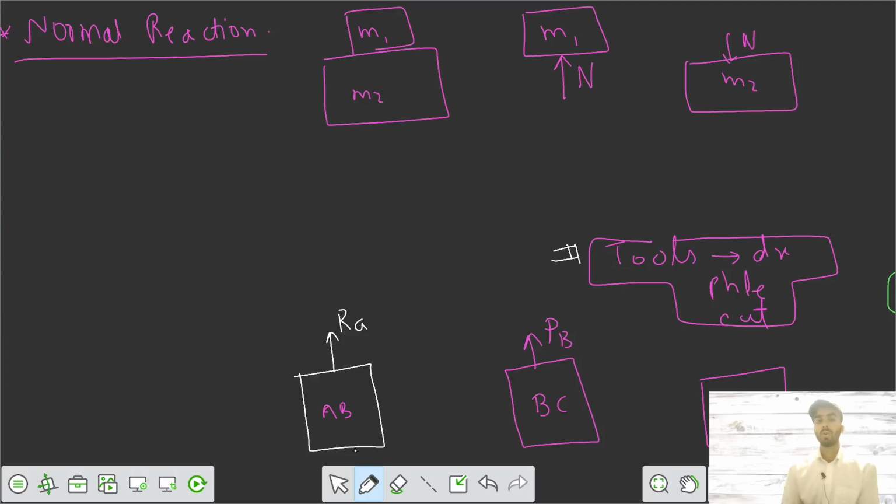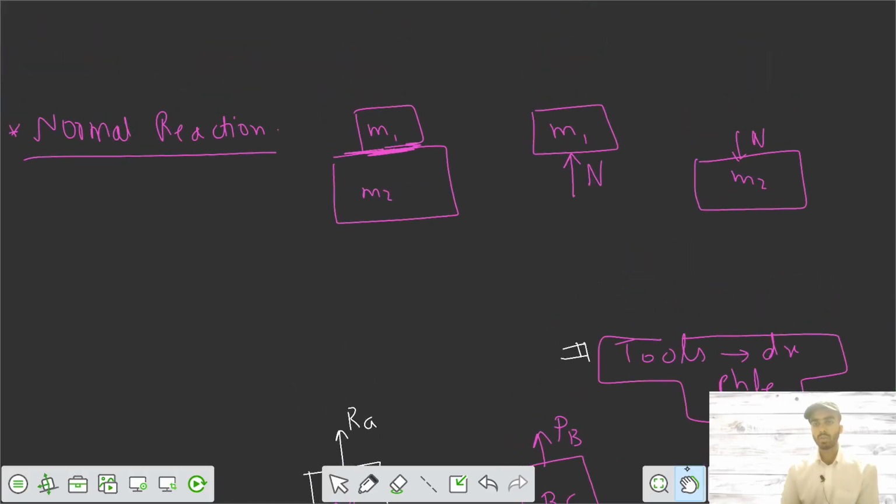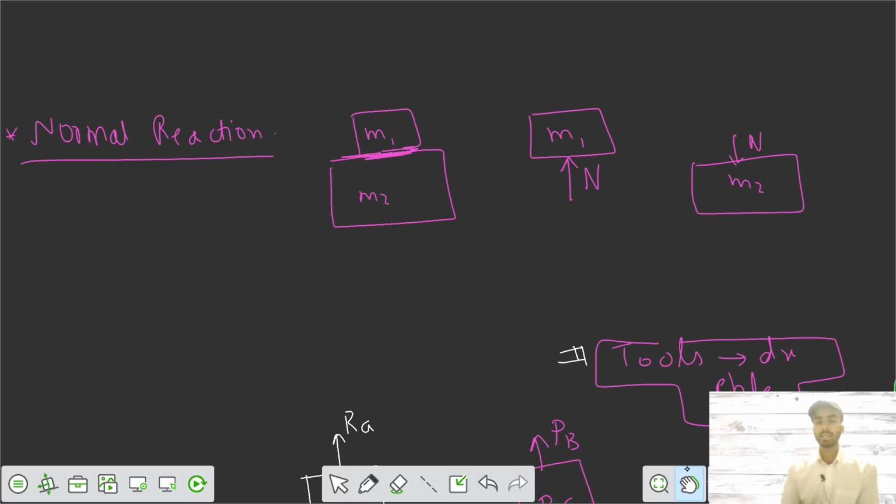So at this junction, external force was not there that is applying on the bodies, but internal normal reaction was there, that is equal and opposite in direction, so that to maintain the force equilibrium, if on one body it's acting in the positive direction, in the other one it has to be in the opposite direction.